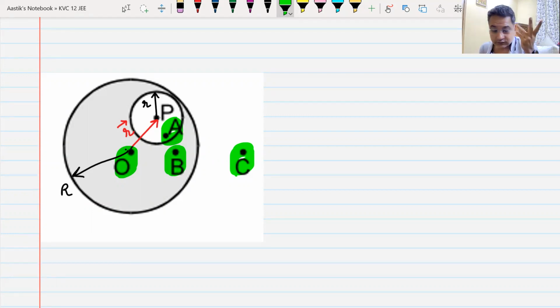How will you do it? You can start with the first and easiest one. You can also find the electric field at this point P, which is the center of the hole. So the center of the hole, the center of the sphere, any point inside the hole, any point outside the hole but inside the sphere, any point which is outside everything.